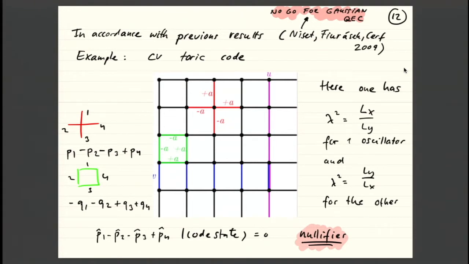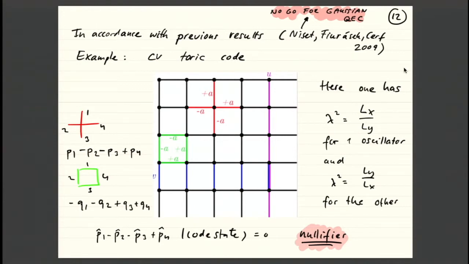Now the links are oscillators, right? And the nullifier says, take the P's of these four oscillators in some combination with pluses and minuses, like P1 minus P2 minus P3 minus P4, on a code state, and that should be 0. That's the constraint. That's why it's called a nullifier, because the code state is the 0 state of these operators, these linear combinations of checks.